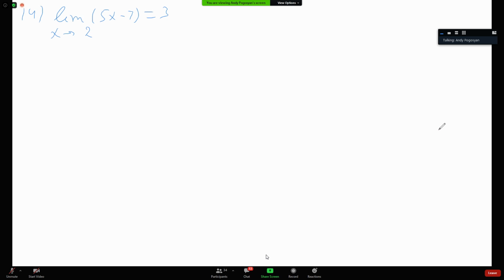Finding delta for epsilon equals 0.1, delta equals question mark; epsilon equals 0.05, delta equals question mark. As x approaches 2, it's 3. So let's graph it.